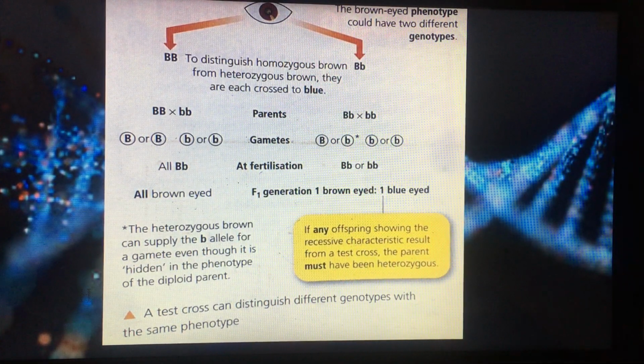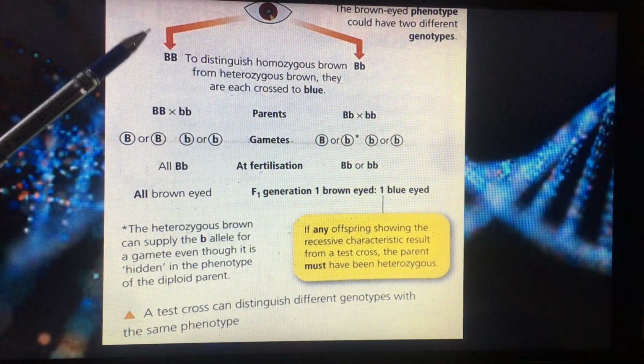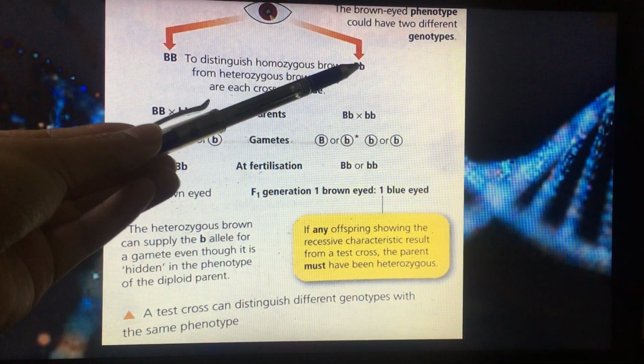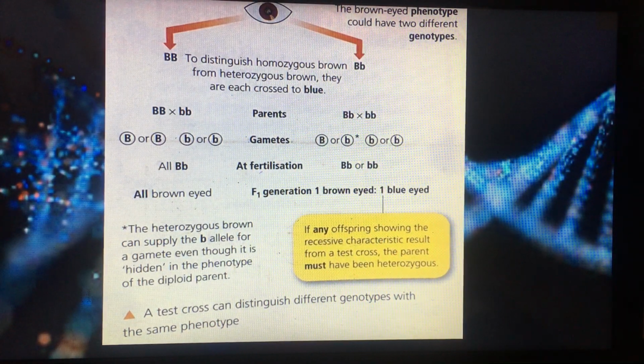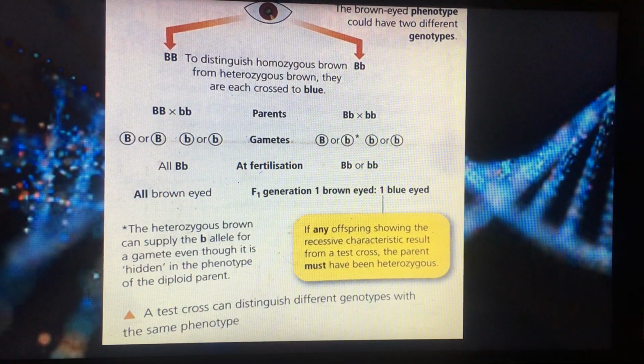Now we are going to distinguish homozygous brown from heterozygous brown. So here we have homozygous brown and here we have heterozygous brown. We are going to cross them with blue eye color.